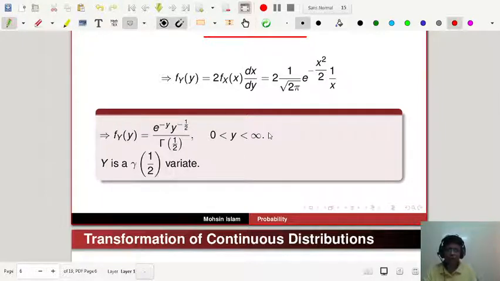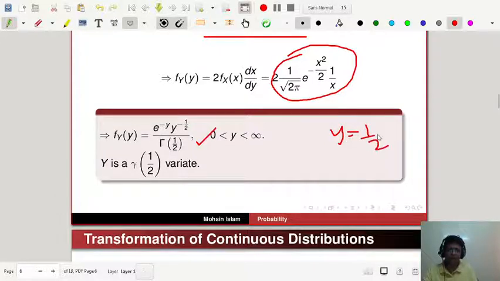If you replace your x with y in this form, you will have this type of relationship: 1 by root gamma half, e to the power minus y, y to the power minus half, for 0 less than y less than infinity, because you have y equal to half x square, so you can easily convert this.